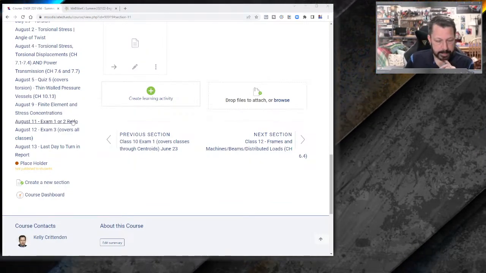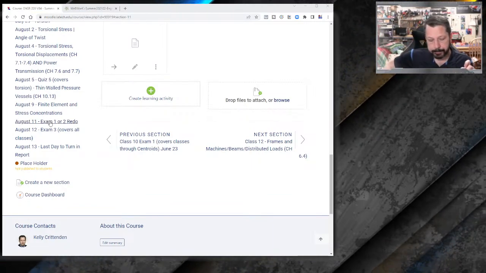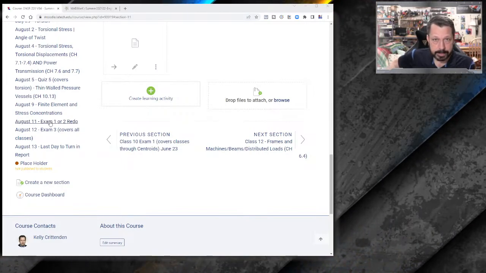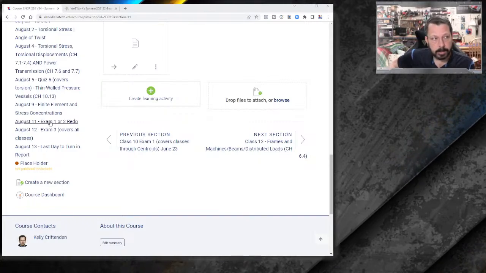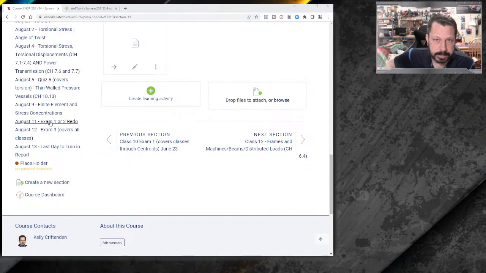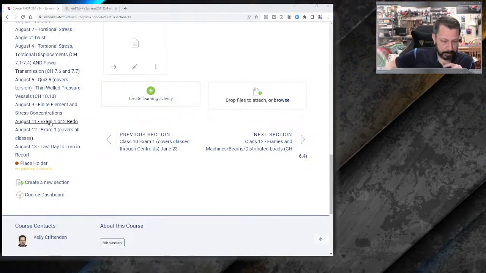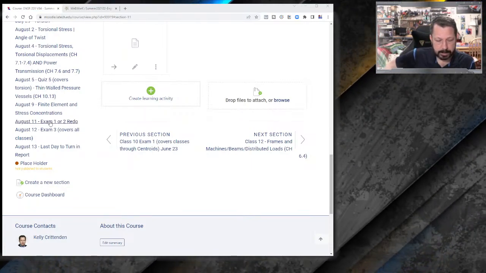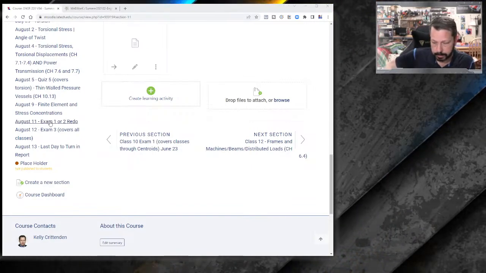But exam 1 or 2 redo, what that is: if you, for any reason, want to retake exam 1 or exam 2, maybe you missed it and you need to retake it, or maybe you didn't do very well on exam 1 and you think you could do better by the end of the quarter, then that date is for anybody. It's not just makeup exams. It's anybody that wants to retake exam 1 or exam 2. It's not exam 3, but 1 or 2.